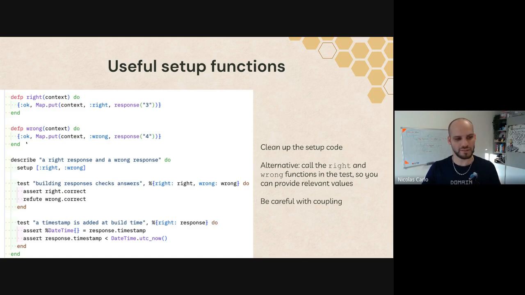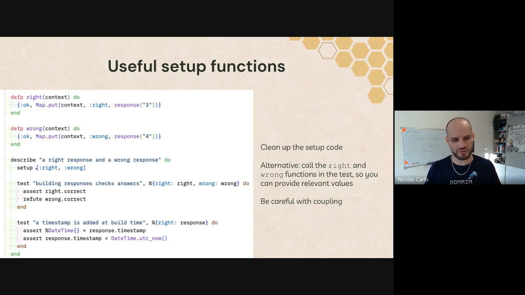So here is an example where we define private functions. So this is a right answer, and by the way, the context here is a token. Everyone gets a context struct, and you can do whatever you want and return that as a response.